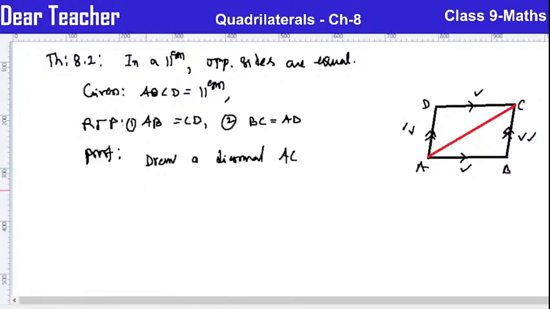Now we have already proved triangle ABC is congruent to triangle ADC. We have already proved it in the previous theorem. If it comes in the examination, you should prove it, but I am explaining, so I am writing directly from the proof of the 8.1 theorem.